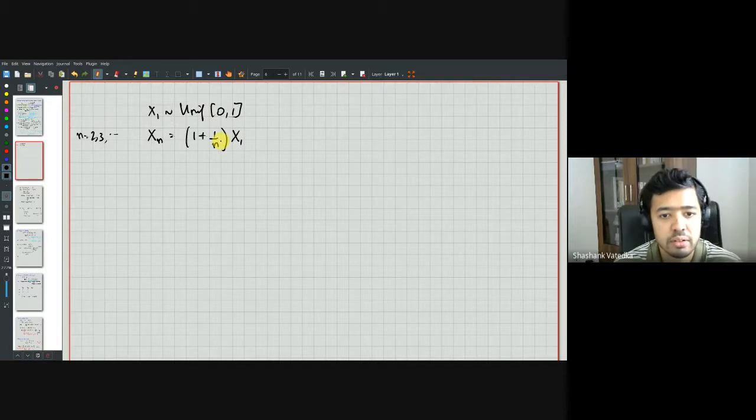So all of these random variables are not independent, right? They're not identically distributed, correct? But it's still a non-trivial sequence of random variables. All right, so is this problem clear?